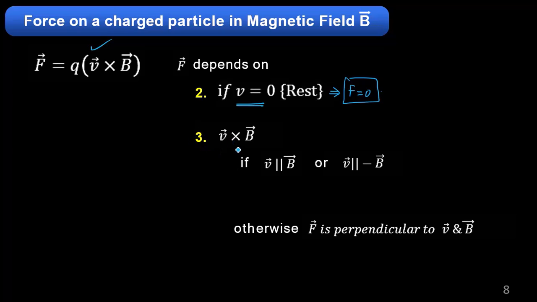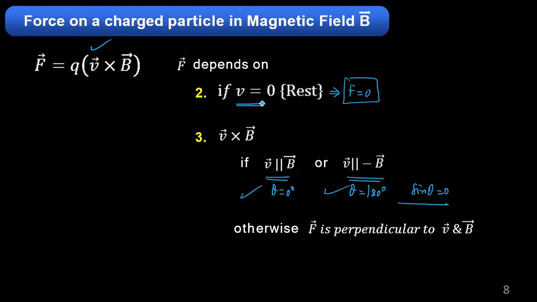Now another thing is that if the v vector is parallel to the B vector or anti-parallel to the B vector, if v is parallel to B, then can I say theta equals 0 degrees? Or in the anti-parallel situation, theta becomes 180 degrees. So in both the situations, either theta 0 degrees or theta 180 degrees, sine of theta becomes 0. Okay, that means force becomes 0. So there are two situations when the force becomes 0.